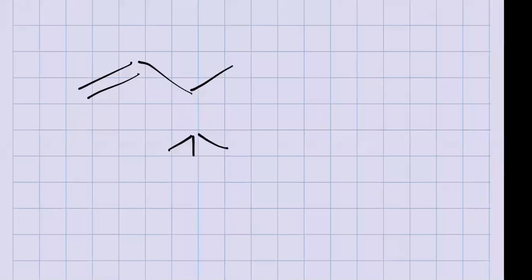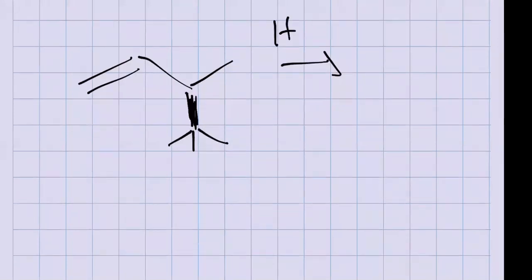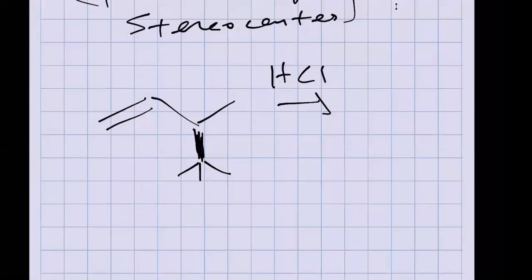And then if I did some reaction on here, like let's say add HCl to it, right? First of all, what am I going to get from that reaction? That's without knowing anything about anything. You remember this reaction from organic 1, yes? Where you add HCl to a double bond?